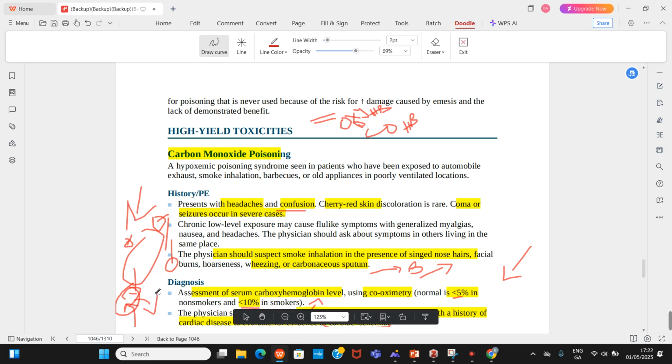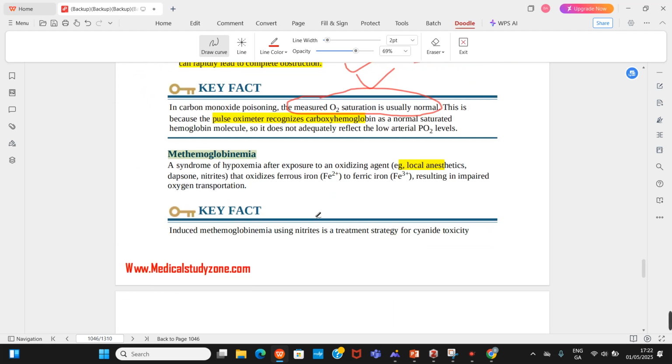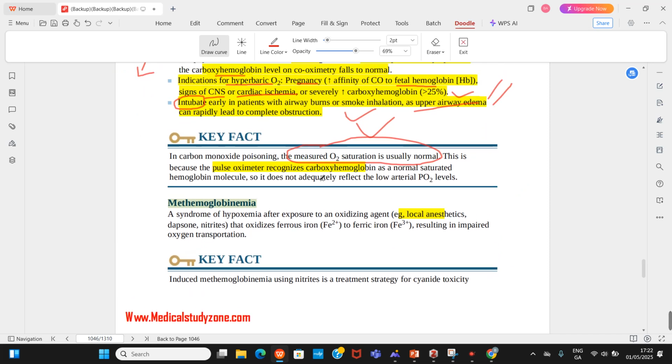It will think that all of them are oxy because they absorb light at the same wavelength. So our pulse oximeter is going to be confused and it's going to record the SpO2 to be 99%. And some people will think that they are winning. No. It's just because the pulse oximeter cannot differentiate between carboxyhemoglobin and oxyhemoglobin.